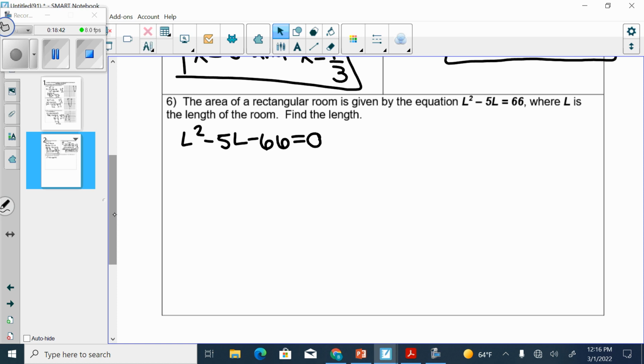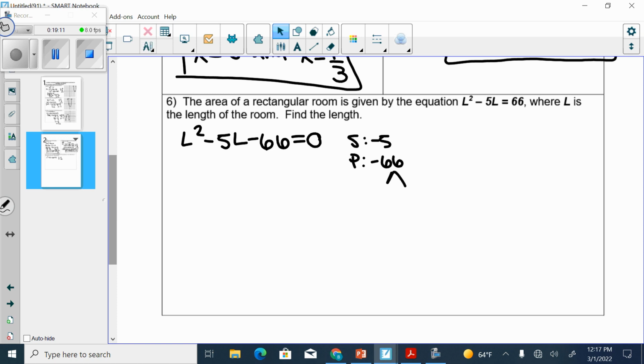Okay? Then what are we going to look for? Does this one have a GCF? No, no number. Okay. So then what's my sum? Good. And what's my product? Alright, so can we think of anything that multiplies to give us negative 66, adds to give us negative 5?